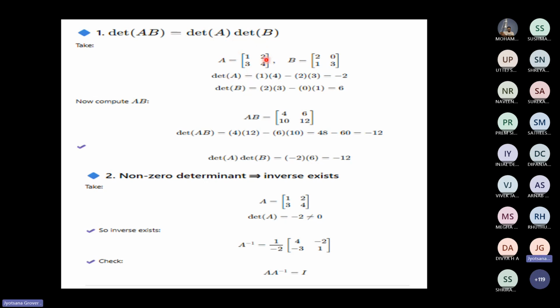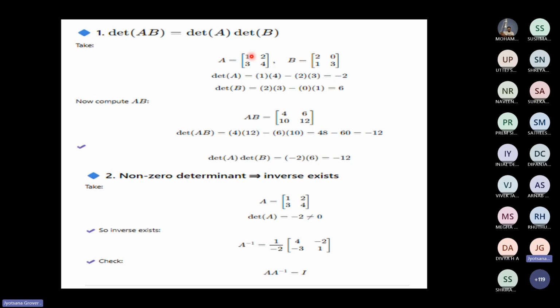Suppose determinant of A you calculate as 1 into 4 minus 2 into 3. So it will be 4 minus 6, which is minus 2. Determinant of B is 2 into 3, 6, minus 0 into 1, so 6. Now you calculate the AB product. How do you get this value? This is the 1 1 entry.